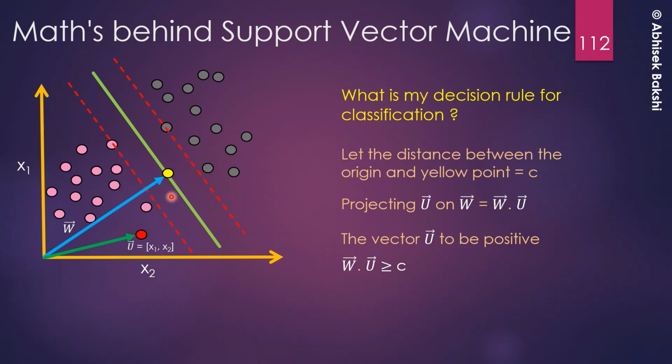Also, let's make it a little more clear: w dot u minus c greater than or equal to 0, right? So in a very general form, the equation should be w dot u plus b greater than or equal to 0. You know, b is simply a constant, which is equal to minus c.